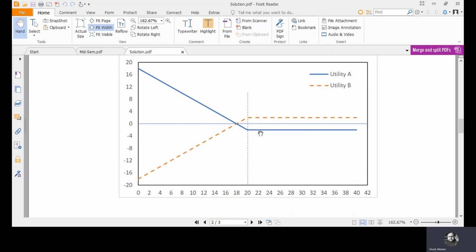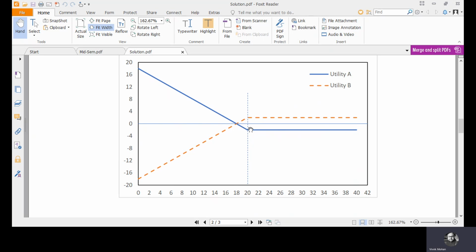Then beyond 20, he will not exercise it. Utility A will not exercise it. If he does not exercise it, his loss is only premium. So that is 2 minus 2. That means profit is minus 2, that is loss is 2. So then it is a constant. He will not exercise for any price beyond this particular point.